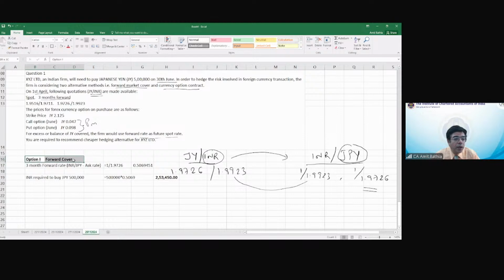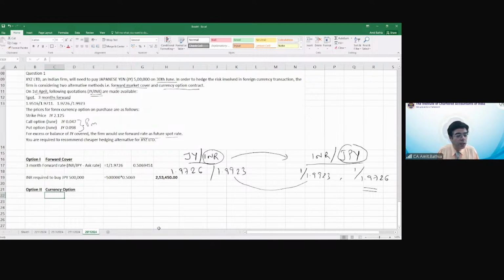Now I want to calculate my outflow as per options, currency option. Here I will say currency option. All right. Now I want to buy Japanese yen 500,000.